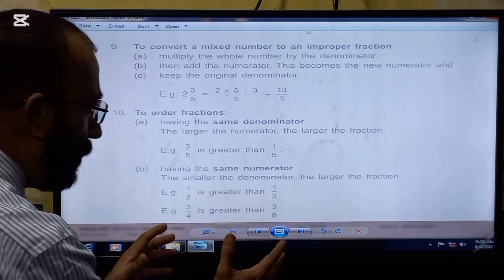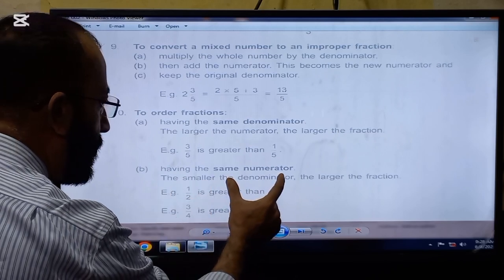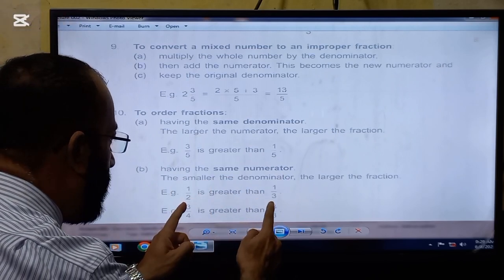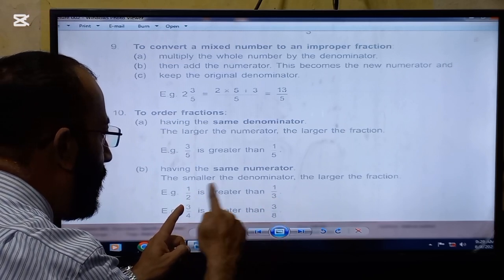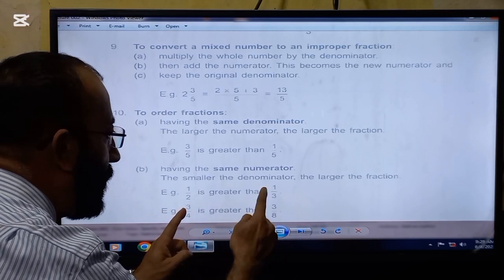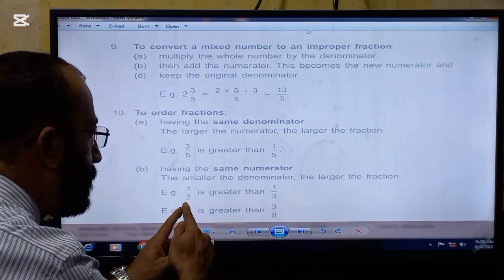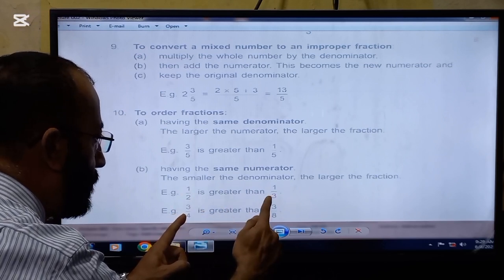So listen again. If denominators are the same, the larger the numerator, the larger the fraction. And the total reverse is the case when the fractions have the same numerator. So look now, these are 2 fractions, 1 by 2 and 1 by 3. Look at the numerator. Numerators are the same. So then the smaller the denominator, the larger the number. So this is the fraction with the smaller denominator, so this will be greater than this fraction.